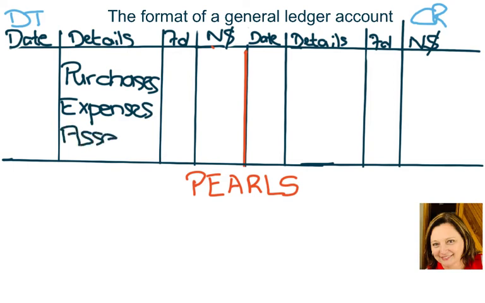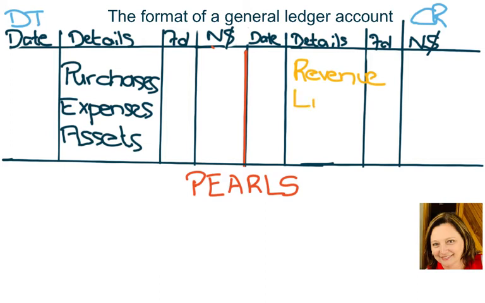So now you can see on the debit side of my general ledger account, I will have purchases, expenses, and assets. Now we look at the R, which is revenue. Now revenue can be sales, it can be rent received, it can be interest received. So there's more revenue than only sales.